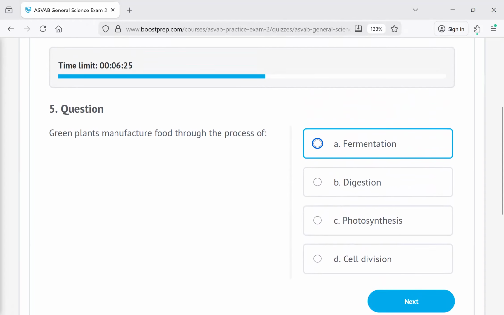Question 5. Green plants manufacture food through the process of A, formation, B, digestion, C, photosynthesis, or D, cell division. I think it might be photosynthesis. Let me double check.